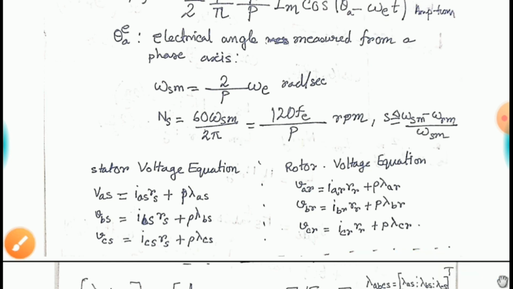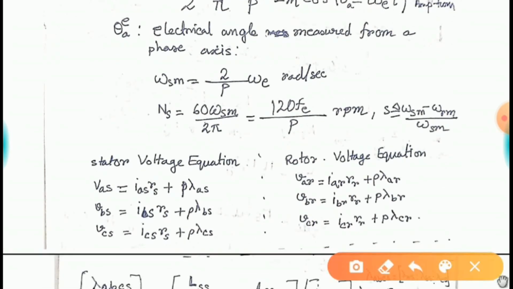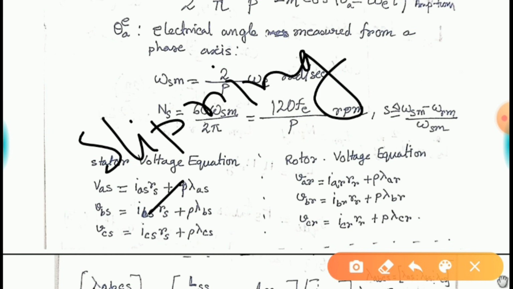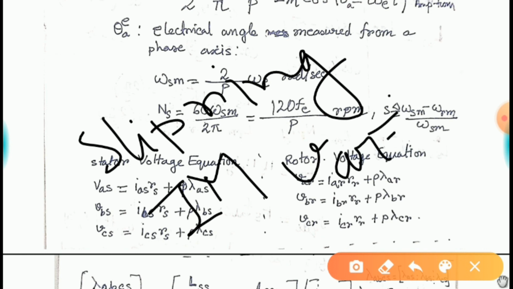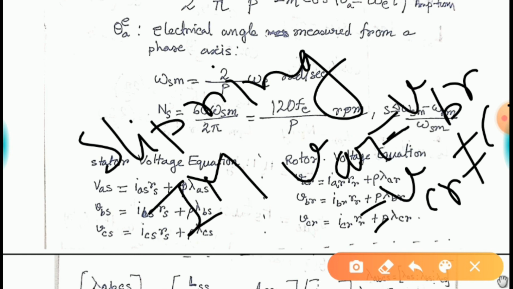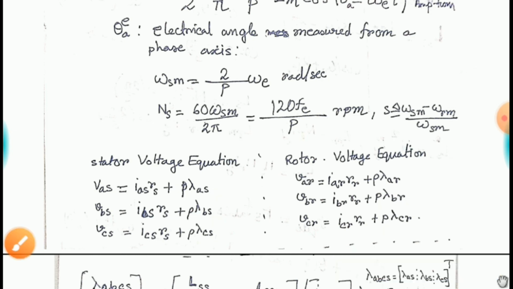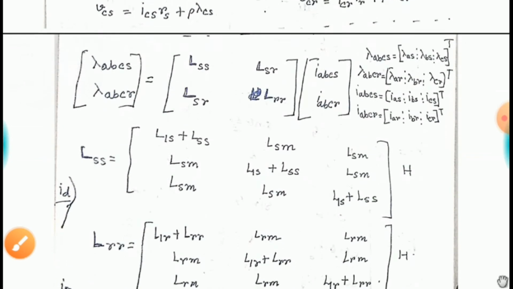But in the case of slip ring, you can have VAR equal to VBR, in balanced operation equal to VCR, that is not equal to zero, right? So I hope this discussion makes sense of why we are not making it zero, rather we are keeping the terms VAR, VBR, VCR, right?